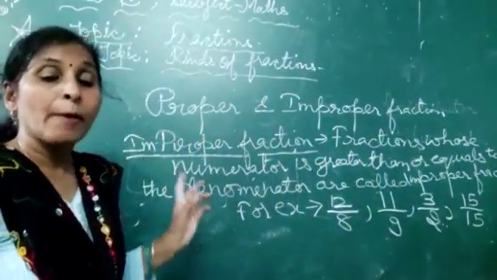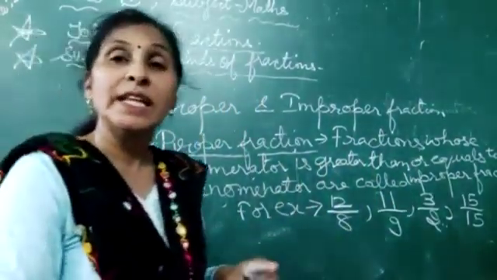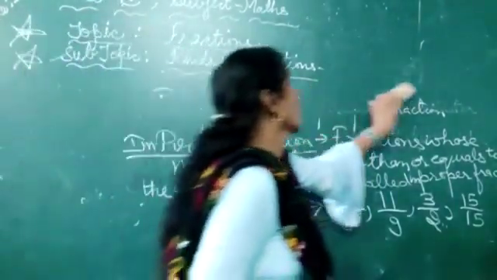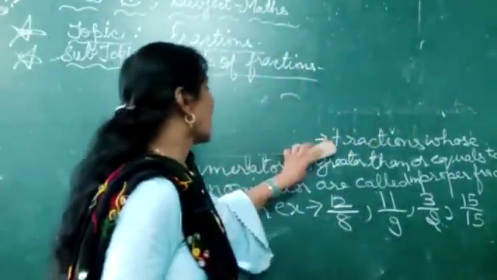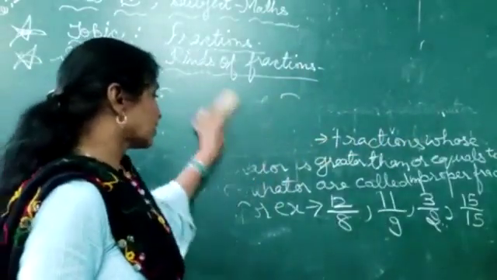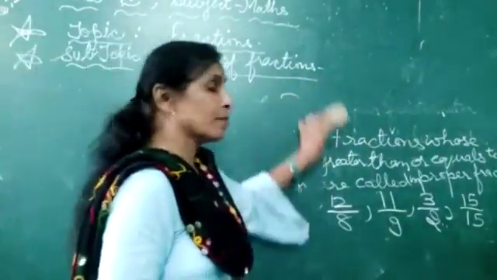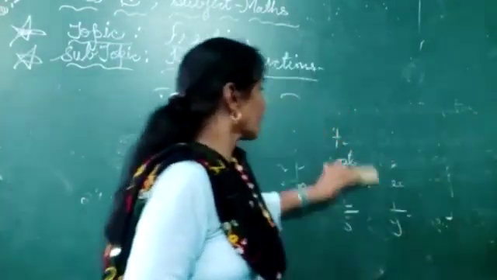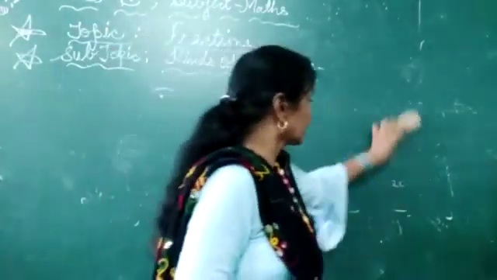Is it clear? Now students, the next is the unit fraction. Now the unit fractions are the fractions whose numerator is equals to 1.